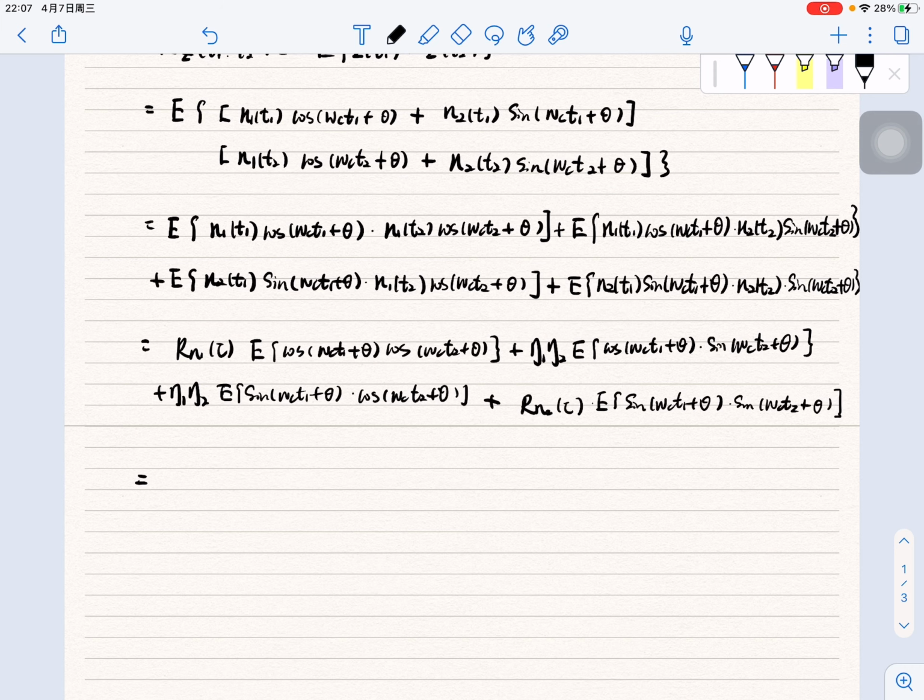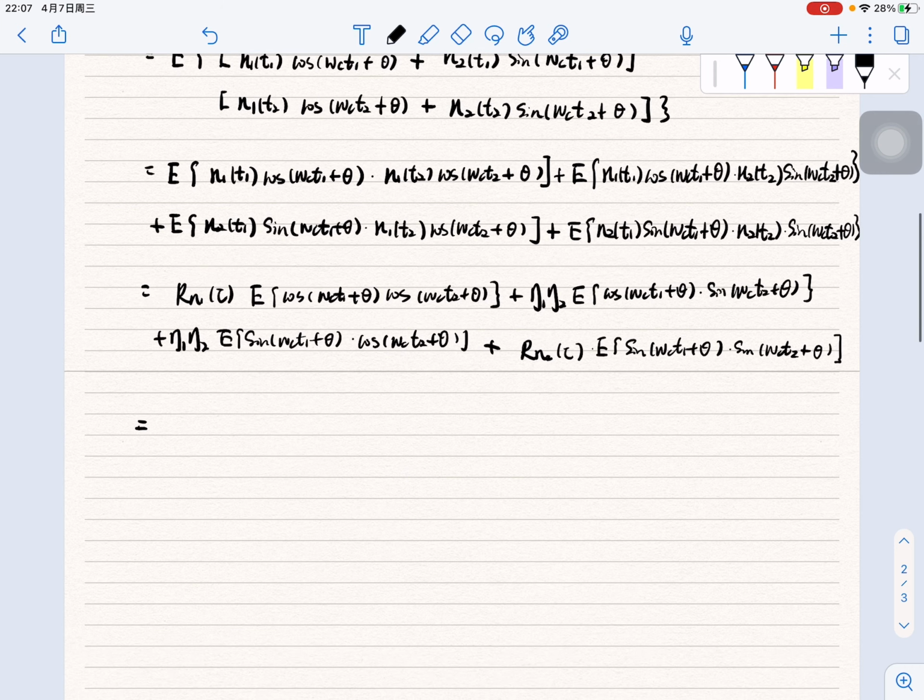And then we can write it as 1/2 Rn1 multiplied by 1 over 2 pi, the integration of d theta from 0 to 2 pi, of cosine omega c (t1 plus t2) plus 2 theta, plus cosine omega c tau.